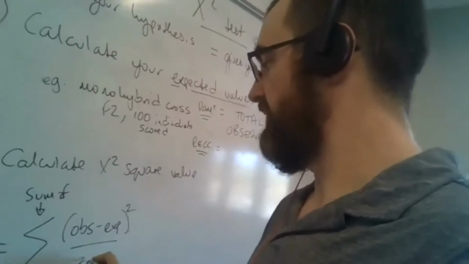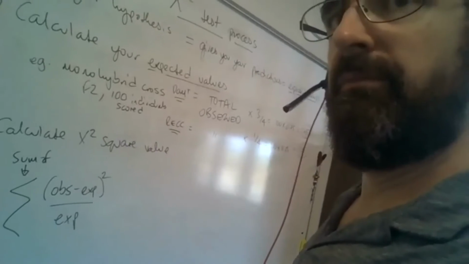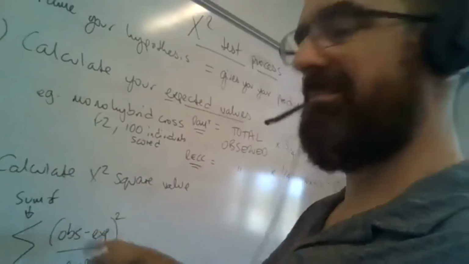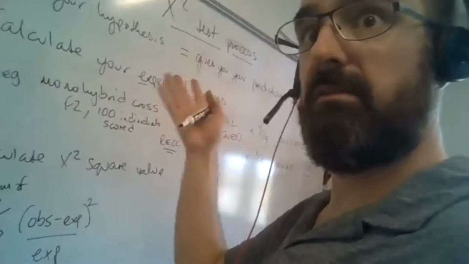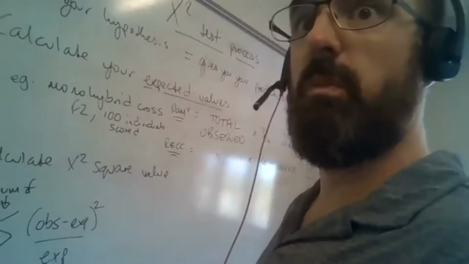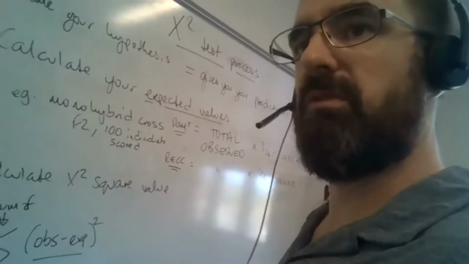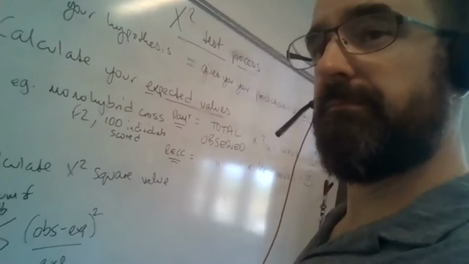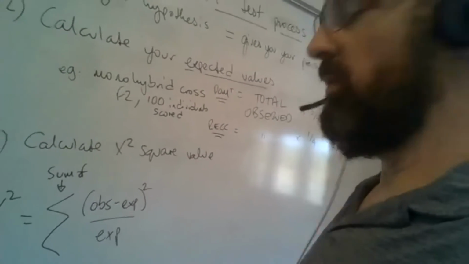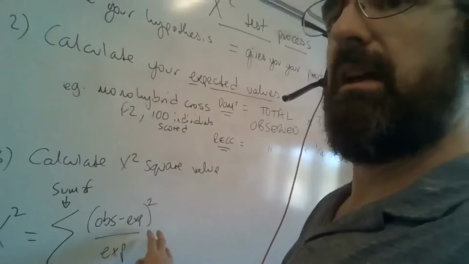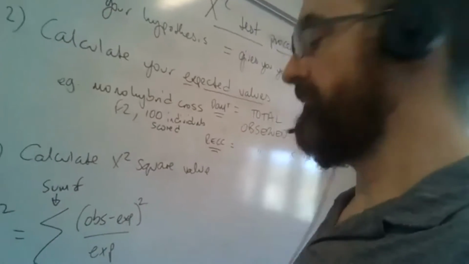And so we divide all of that by the expected, right? That allows us to scale this difference and make it comparable for n is 10 versus n is 2 million. You'll still get the same values for the same relative difference. Does that make sense? Cool. It's all about figuring out how big the difference is between what you expect and what you actually get.